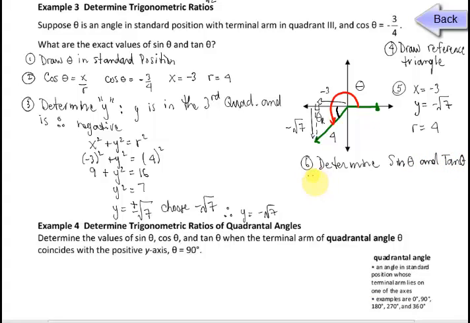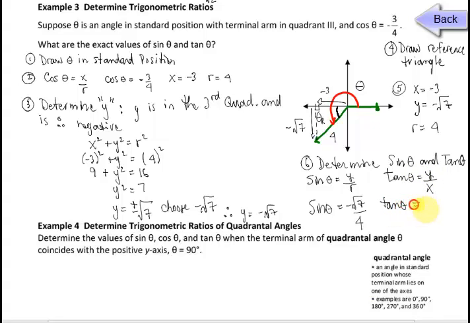Okay, so we know that sine of theta is y/r. So sine of theta then becomes -√7/4. And we know that tan of theta is y/x.